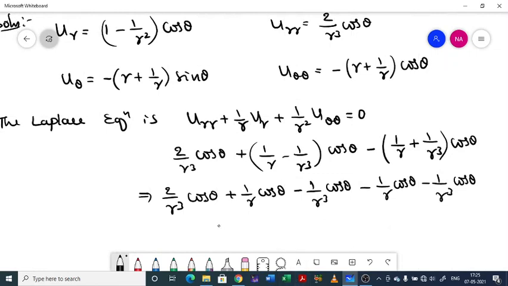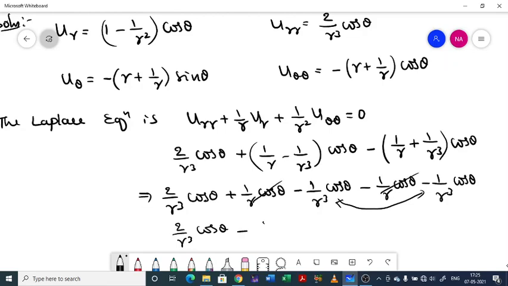So these two get cancelled and these two get cancelled. Adding these two, it will be 2 by r cube cos theta. These two get cancelled anyway, that you can directly cancel.